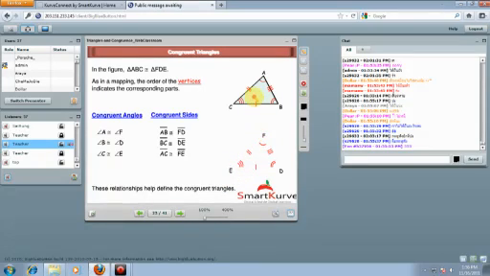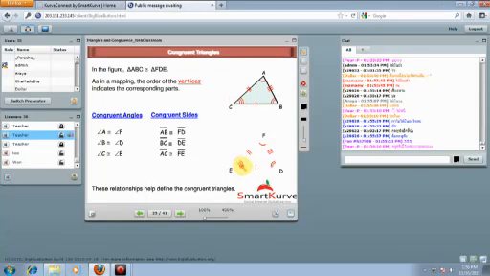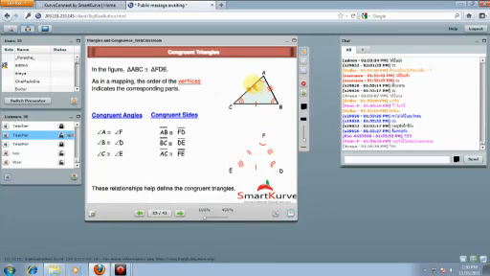We can say they are congruent triangles. It's the same way if we are told that triangle ABC is congruent with triangle FDE, we know that it has congruent parts. So we know that angle C is congruent with angle E. We know angle F is congruent with angle A. And we know angle B is congruent with angle D.